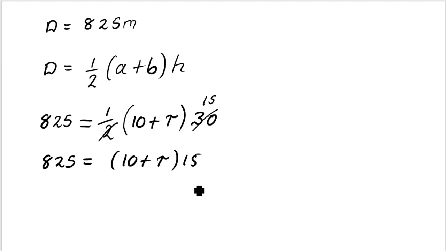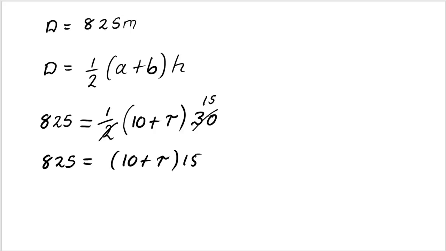Others who prefer to actually divide by this 15, it can be divided on both sides, but you have to make sure that 15 is divisible into this number here. So let us find out whether 15 is divisible into 825. You actually don't even have to use a calculator because this is paper 1.